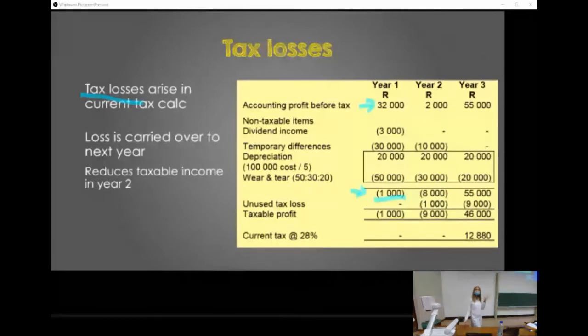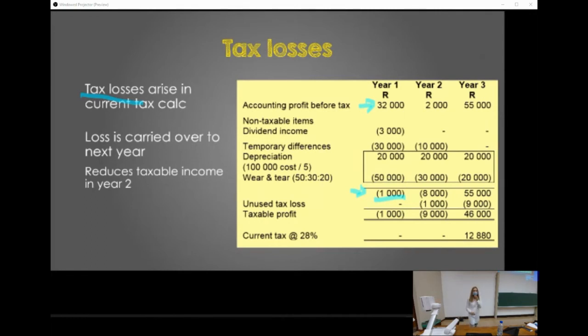So please do not do a journal where you debit receiver of revenue, SFP receivable account, and credit income, current tax income. Please don't do that. You don't get an income from making a loss. What the receiver does say is, oh, shame, you made a loss, don't worry. When you start making profits again, you can use this loss to pay less tax in future.